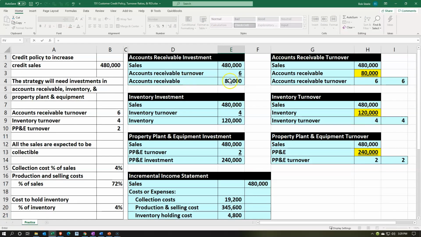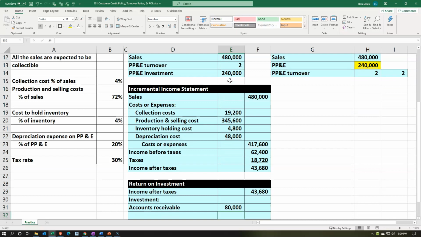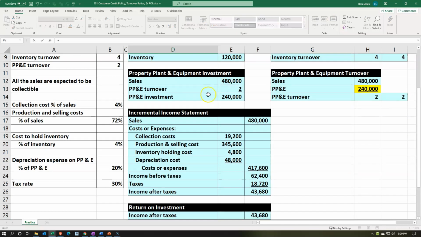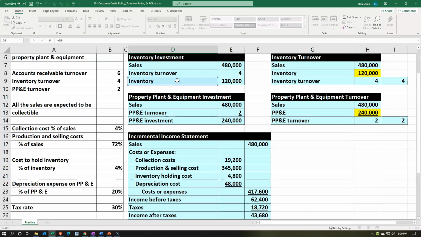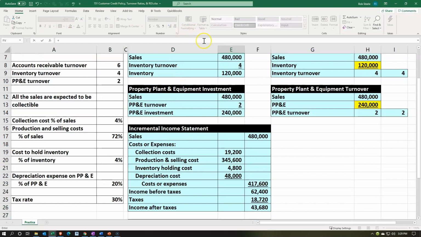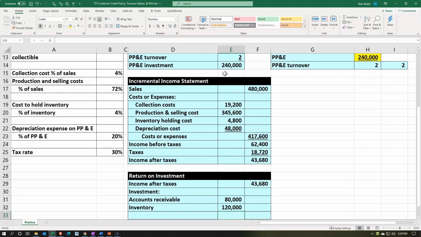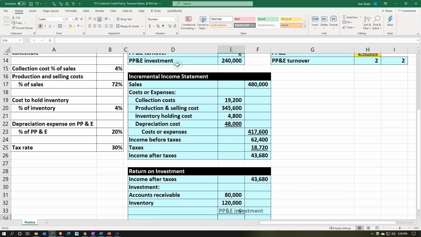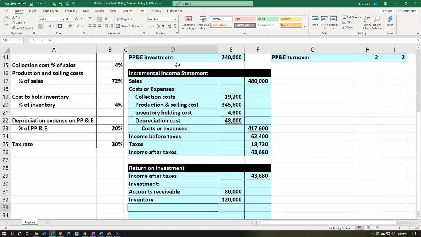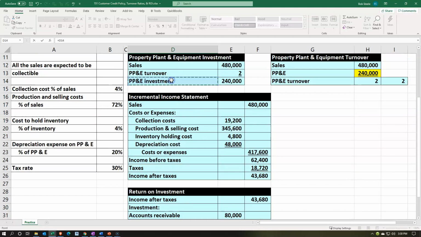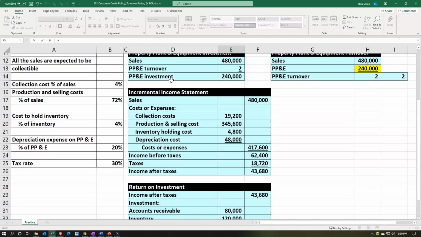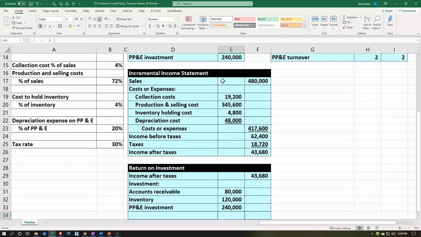That's going to be for the 80,000. We had an increase in inventory, which is an asset, and that's going to be for the 120,000. We had an increase in the PP&E, the property, plant, and equipment, and that is going to be for the 240,000.